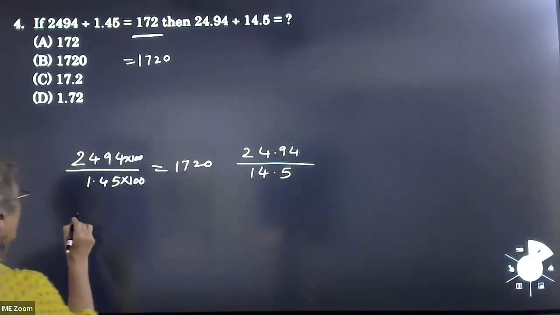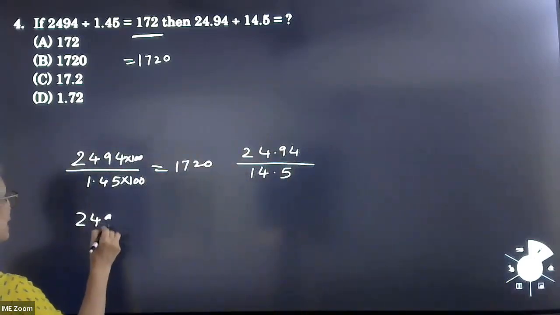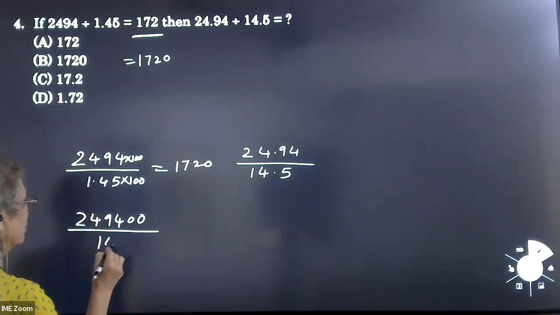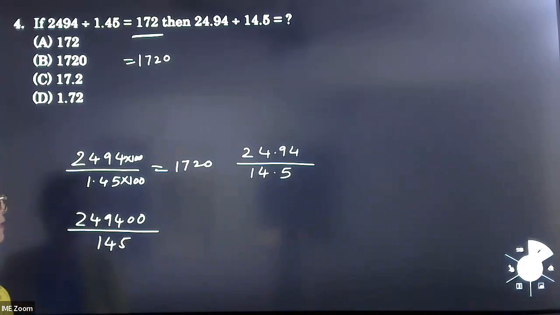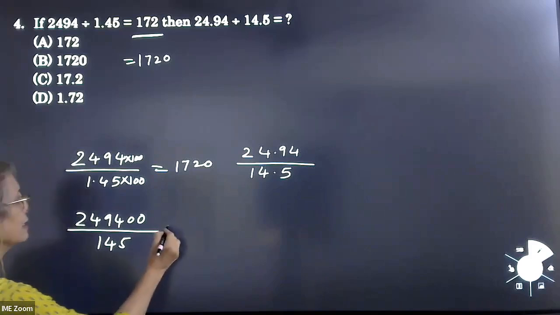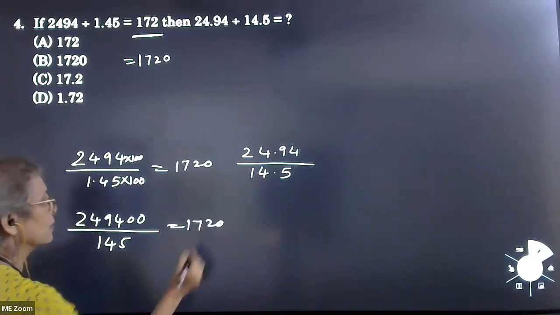It will be 249,400 upon 145. Right? Now the decimal point is removed here. I have multiplied by 100, two places on the right side. And this is equal to 1720.